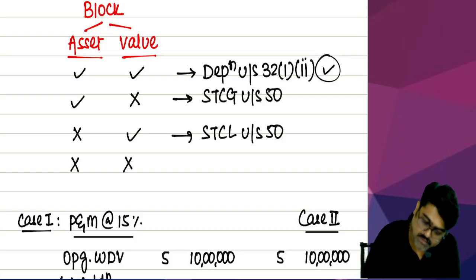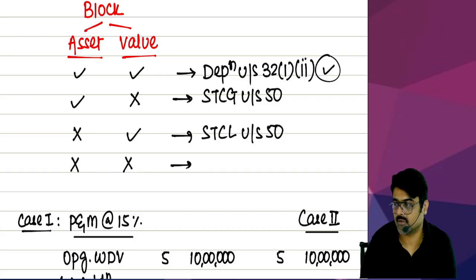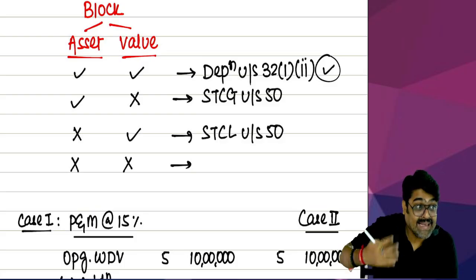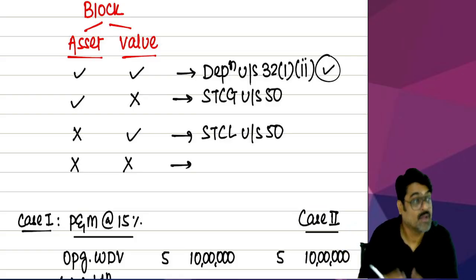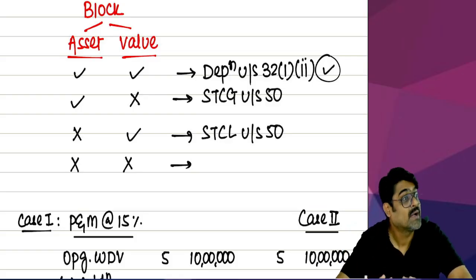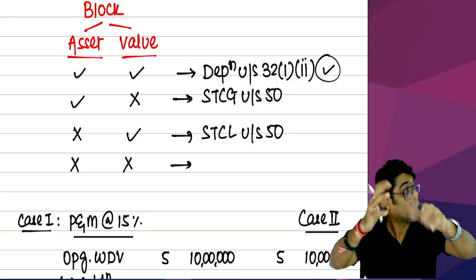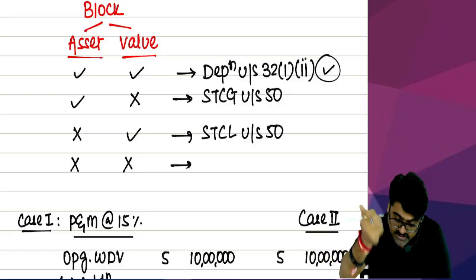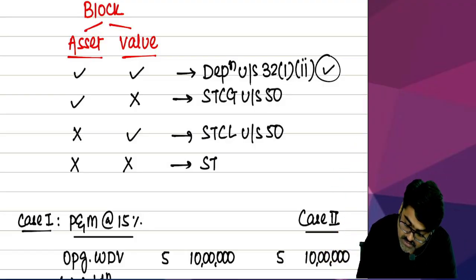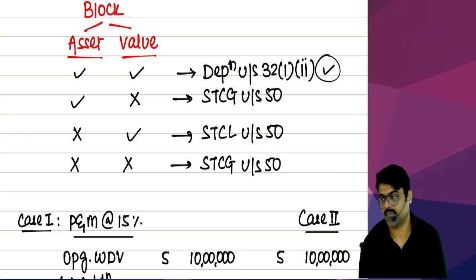And last one, value is also not there, asset is not there. Meaning? Any excess recovery will happen in that case, because the entire value is recovered, and over and above that value, if any excess recovery is there, then that excess recovery will be your short-term capital gain under section 50.